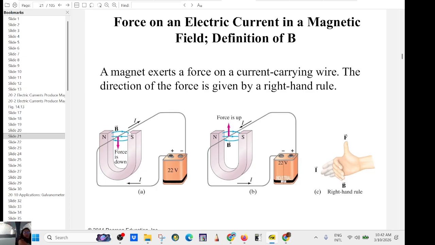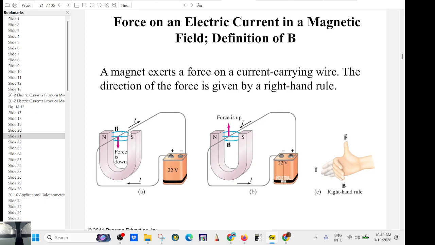Okay, so let's apply. The current is going into the board. Do you agree? The magnetic field goes this way. So the force is down. You have three ways to do it. I'm just showing one of them. So again, right hand, the current is going into the board.